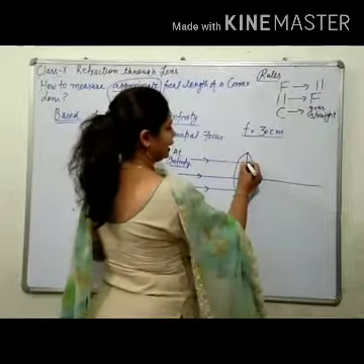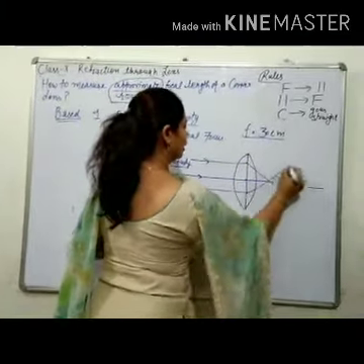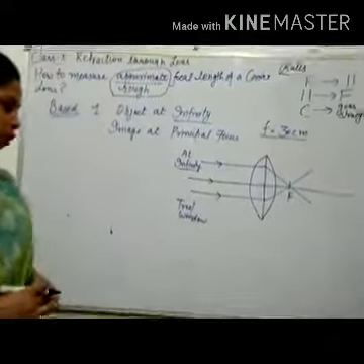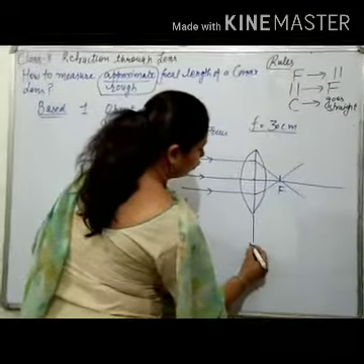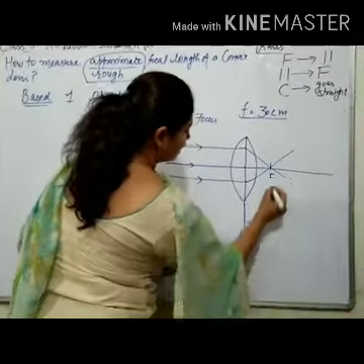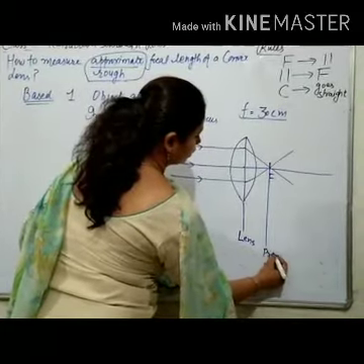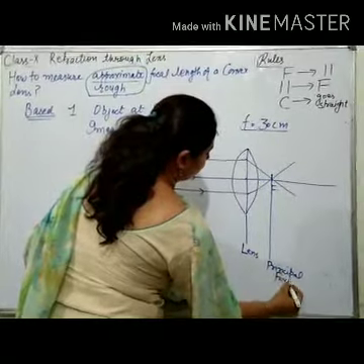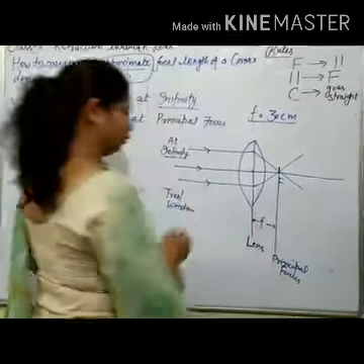When these rays pass through the convex lens, they focus, they collect at a point that is known as principal focus. The separation between the lens position and principal focus is known as rough focal length.